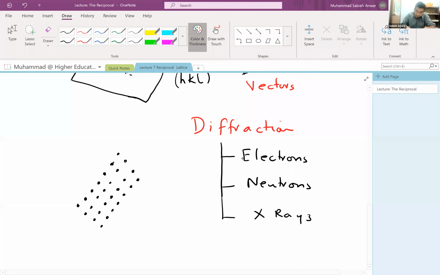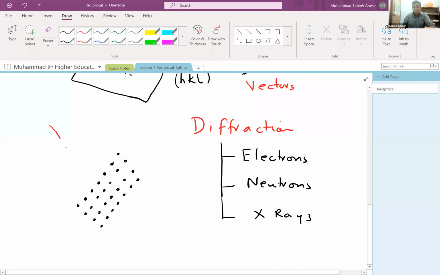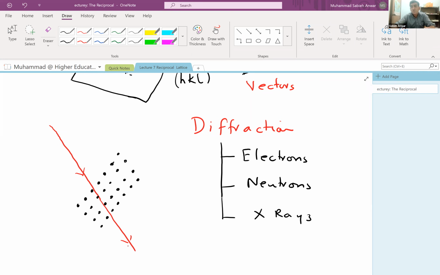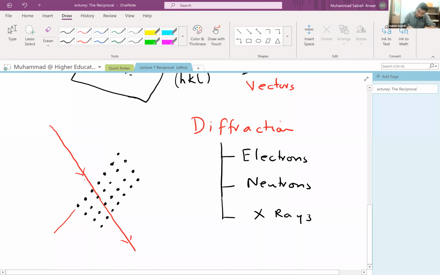Suppose that a monochromatic collimated beam of X-rays comes in. It's possible that it passes straight through and no reflection occurs, no scattering occurs. Now there is a particular angle between the planes that I've drawn and the incident X-rays. Let's call that angle theta.